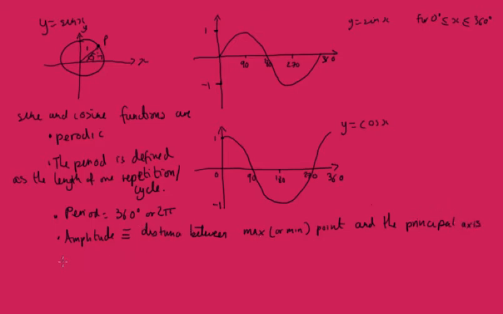So for the cosine and sine functions, the amplitude is 1.